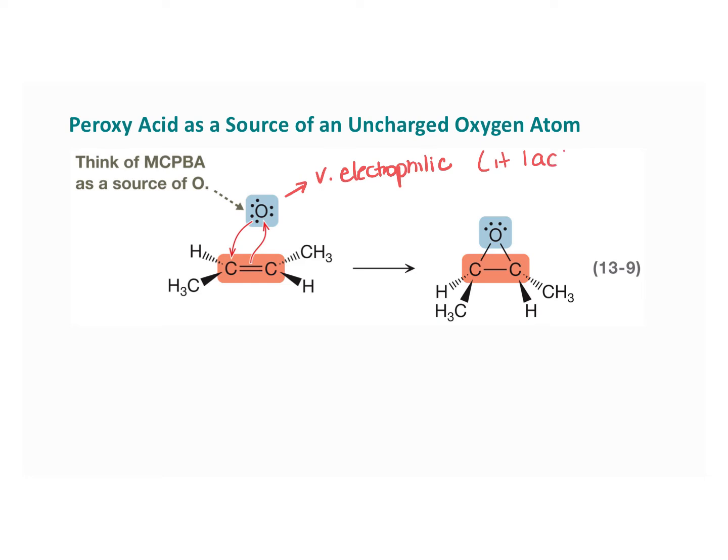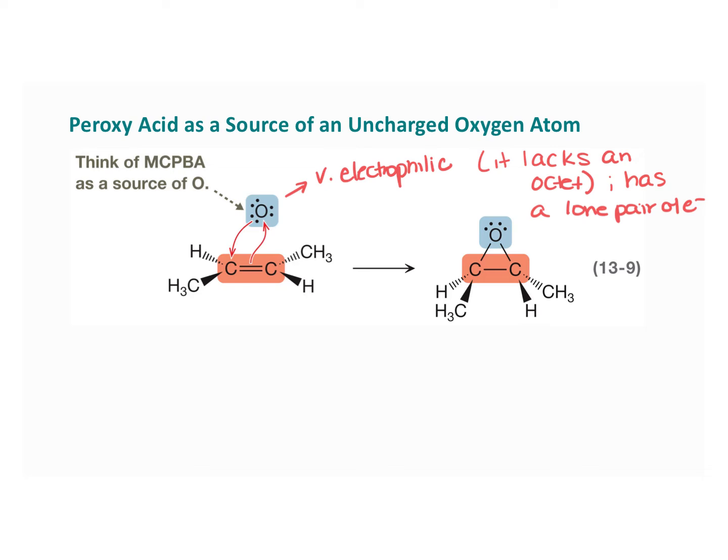Because it lacks an octet. Okay? And it also has a lone pair of electrons. So the curved arrow notation is identical. I want you to notice this because we're looking for patterns to the general mechanism that we saw in the last screencast. Okay, now this obviously opens up some new ways that we can incorporate this into synthesis.